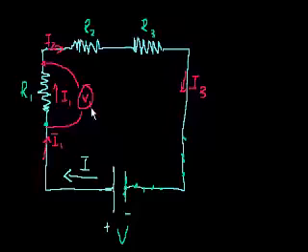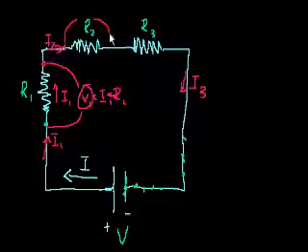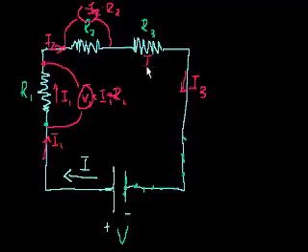Well, V1 is going to be equal to I1 times R1. I don't know why I put an R, that's a 1, not an I. I1 times R1, right? And similarly, if I measured the voltage from here to here, that voltage is going to be equal to I2 times R2. Let's say that this is where I3 is.